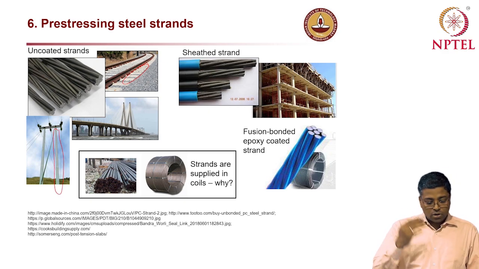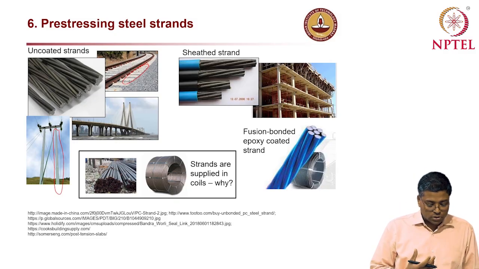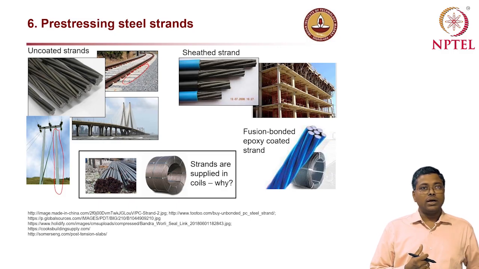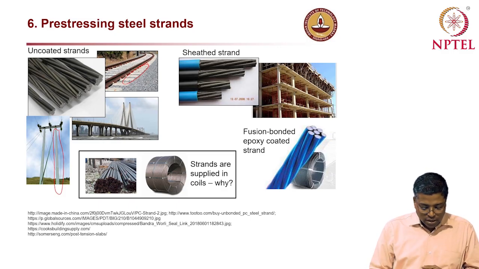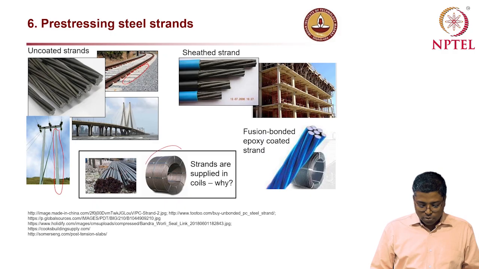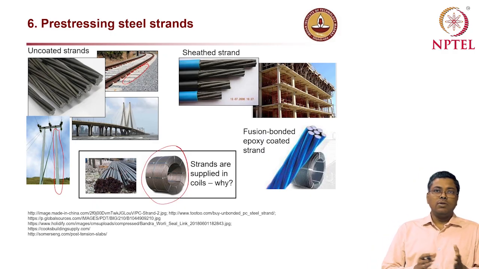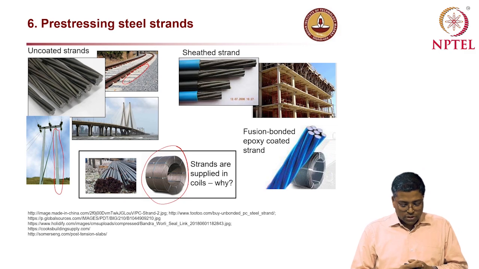When you go very tall, the lateral loads are so high that you really need to go for pre-stressed concrete, otherwise the structure will be very bulky. And large span bridges, long span bridges. These steel strands mostly come into the market as a coil, because you're talking about using them in very long spans.